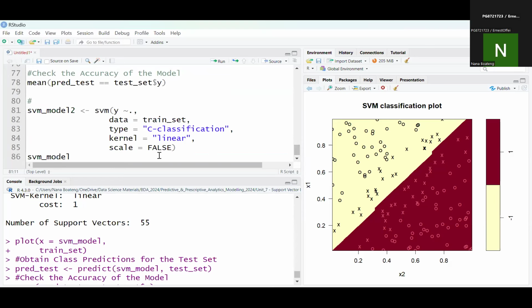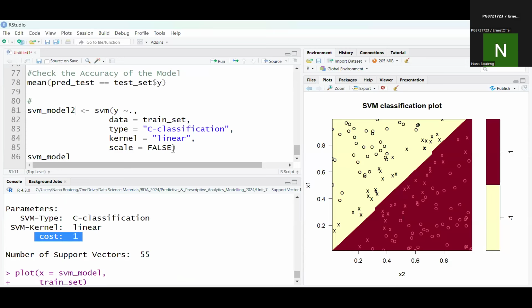That is the default value. So you can actually specify the cost. Let's add a comma. Let's say cost is equal to, let's choose 100. Let's run this.